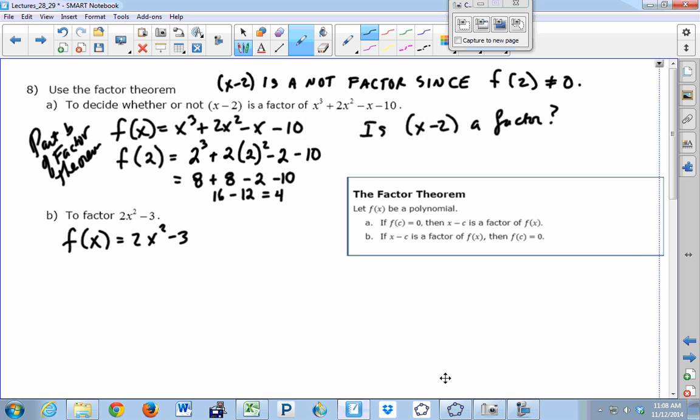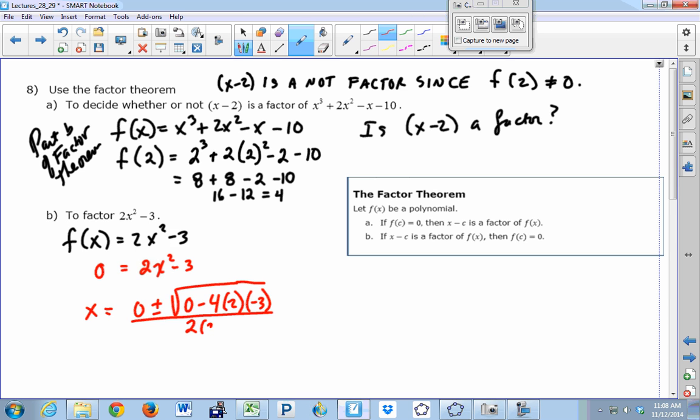So now I'm going to set this equal to 0, and I'm going to solve this equation. Well, this is a quadratic equation. So you can either use your square root property, but if you do that, you're going to forget one of them, I guarantee. So I'm going to use the quadratic formula. b is 0, so 0 plus or minus the square root of b squared, which is 0, minus 4 times 2 times negative 3, which is c, all over 2a.